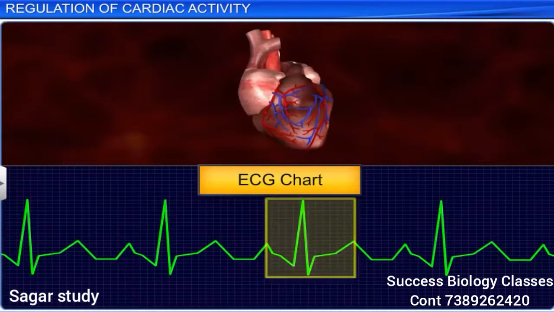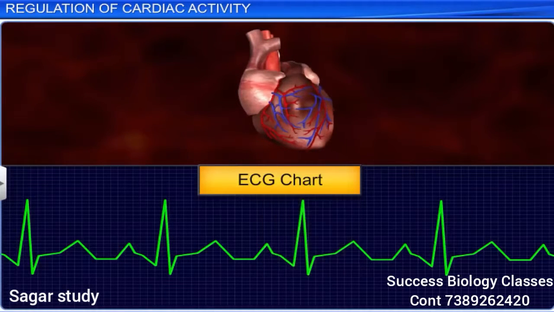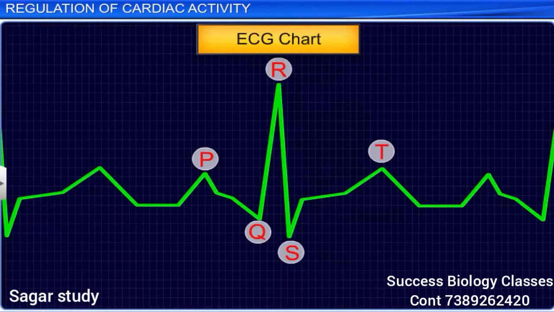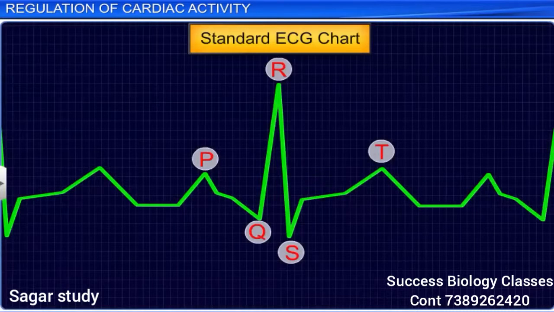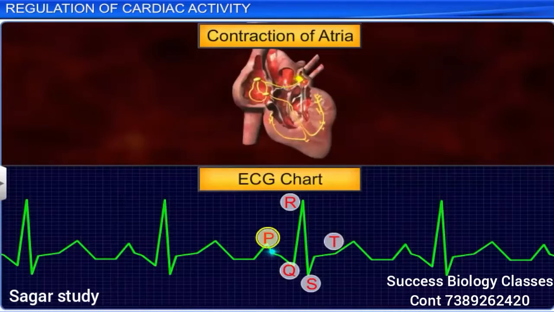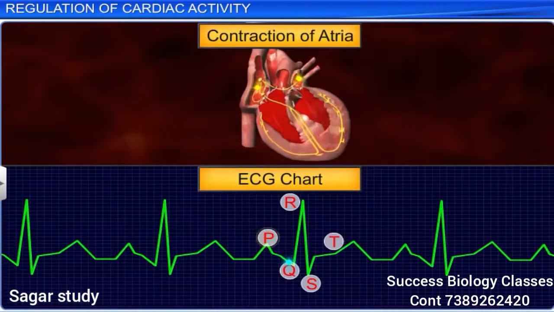An ECG captures the electrical activity of the heart due to atrial and ventricular contractions as voltage traces, which are represented by the letter P to T. A standard ECG should resemble this. Here, the P wave corresponds to the contraction or depolarization of the atria, that is, the atrial systole.